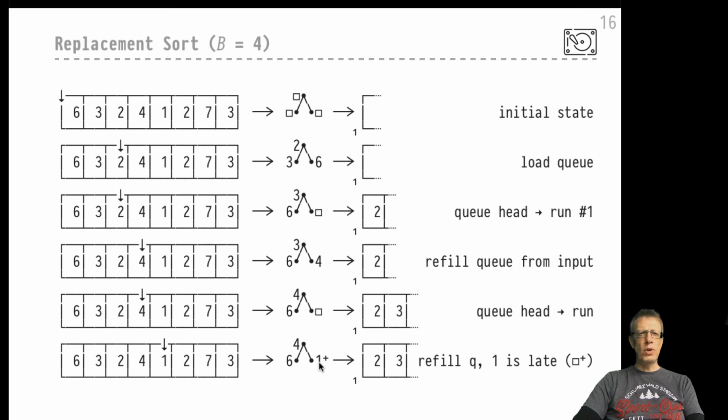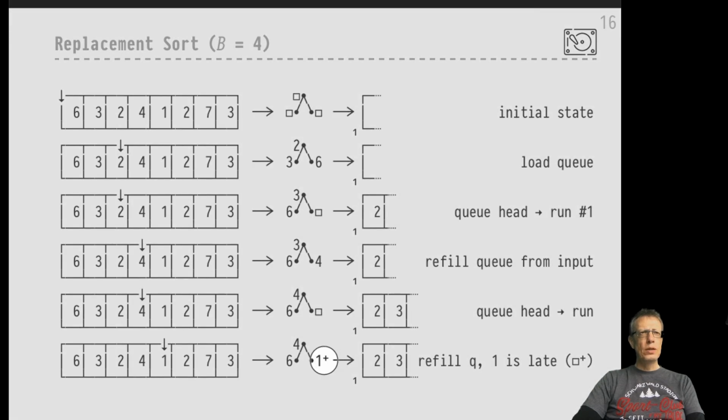This one has arrived too late for inclusion in this particular sorted output run. So it will be marked with a plus. This marking will lead to the 1 staying in its original spot here, and it will not be sorted to the top of the priority queue.